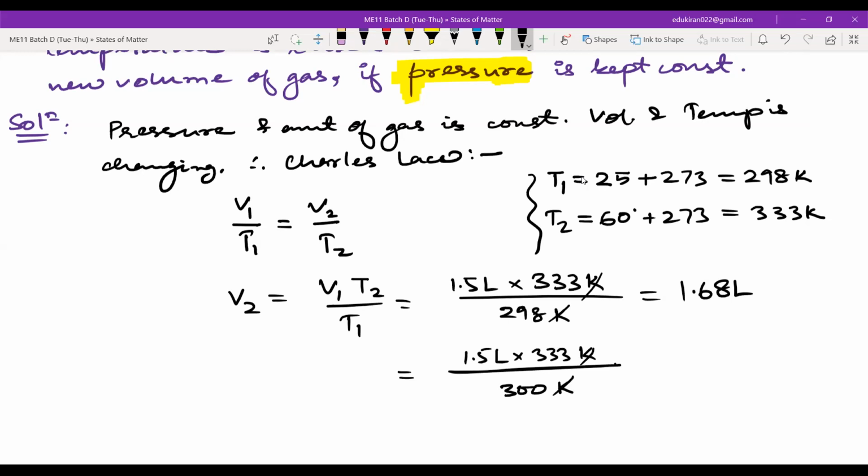We can also do 1.5 into 20, because 15 twos is 30. 15 twenties will be equal to 300. And 1.5 into 200 now.